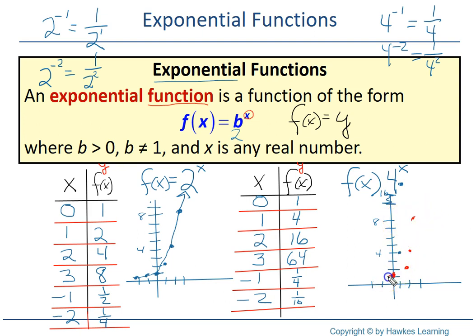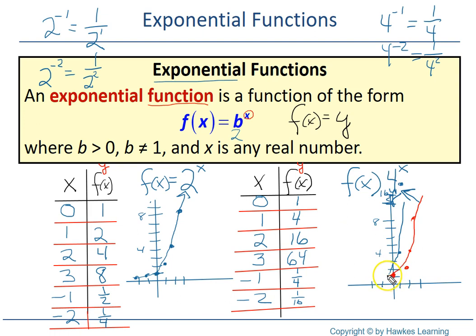So you see the difference. This line is out here, while the other line is in here. So as these numbers get bigger, our b is 2, our b is 4, this curve gets closer to the y-axis, and that's a kind of a trait.